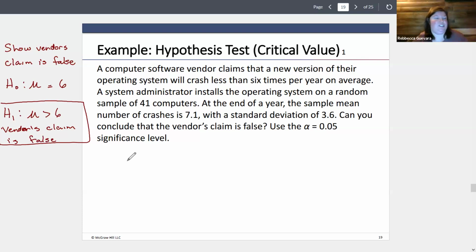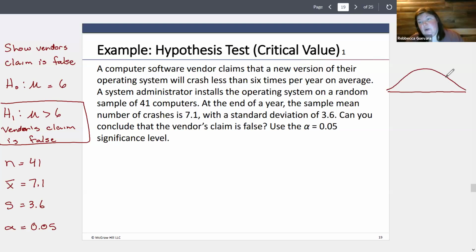Not a lot more has changed with this. We still have a sample of 41, a mean of 7.1, sigma of 3.6, and alpha of 0.05. We're looking at this now where my alpha is over here.